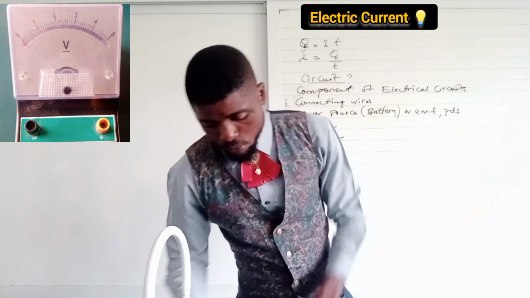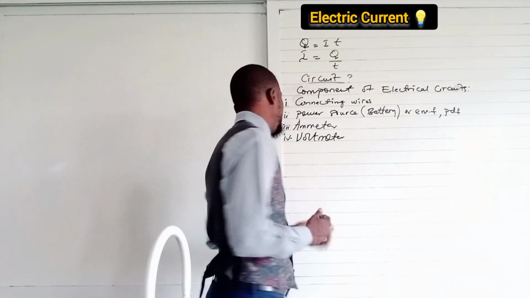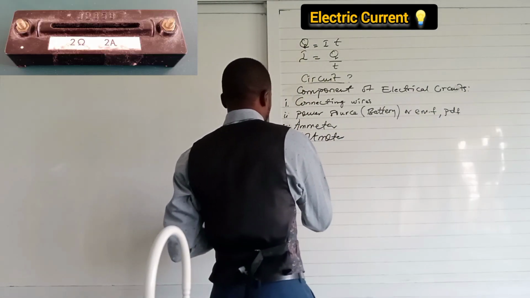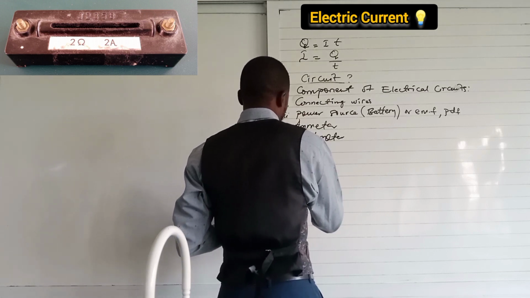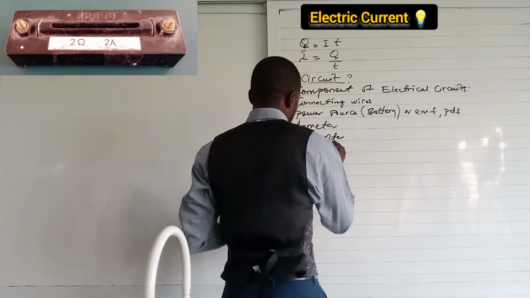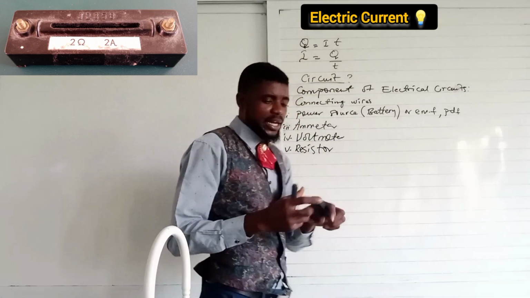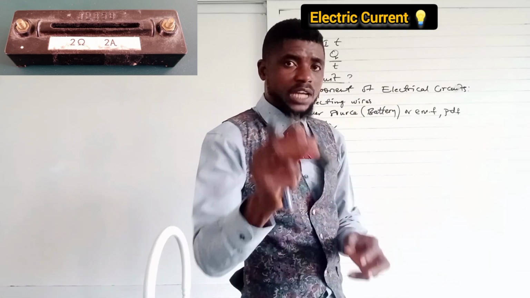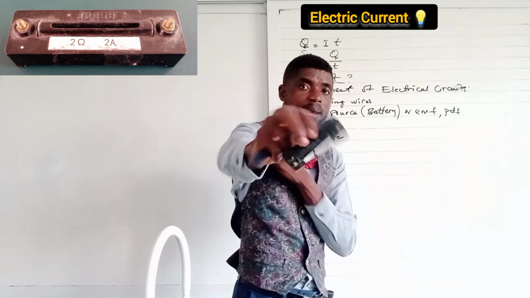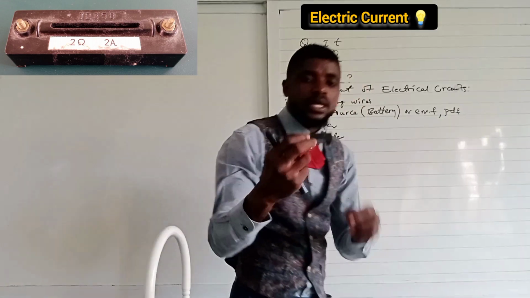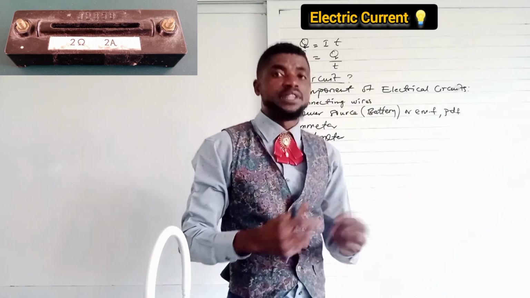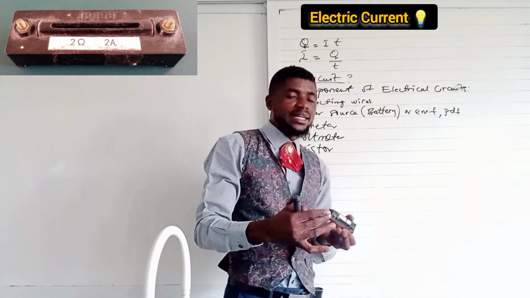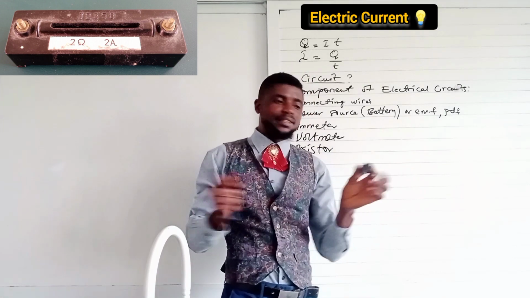The next component we are going to look at is the electrical resistor. The electrical resistors are of various types, and in my lab here, this is the type that we have. We have two types of electrical resistors: the variable resistor and then the fixed or the standard resistor.